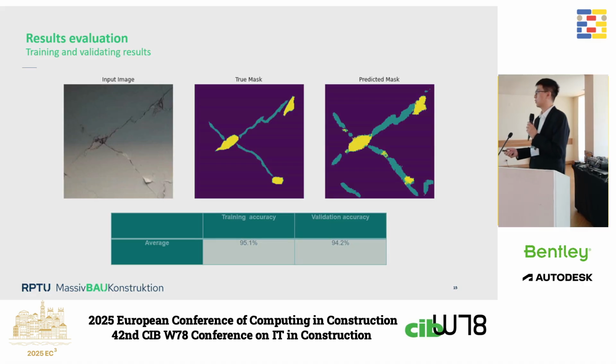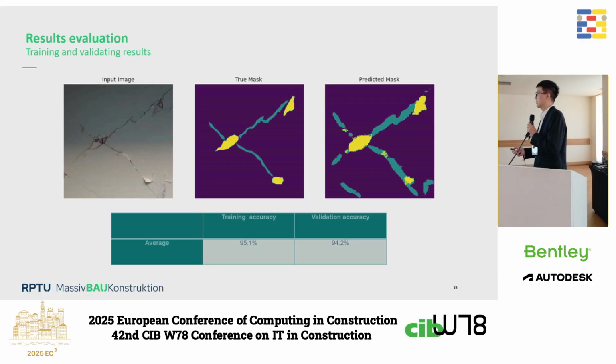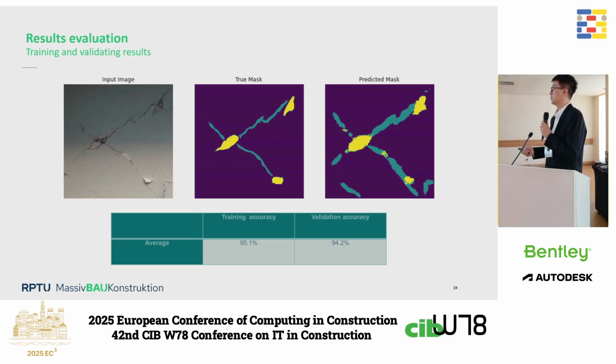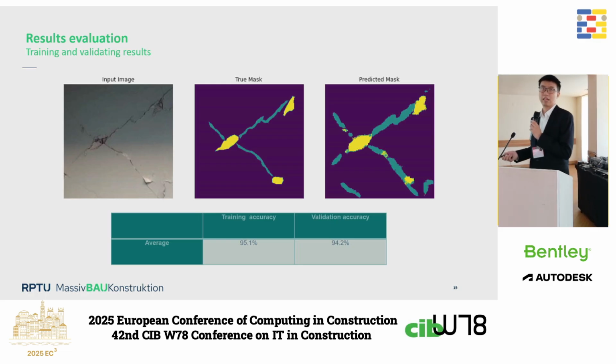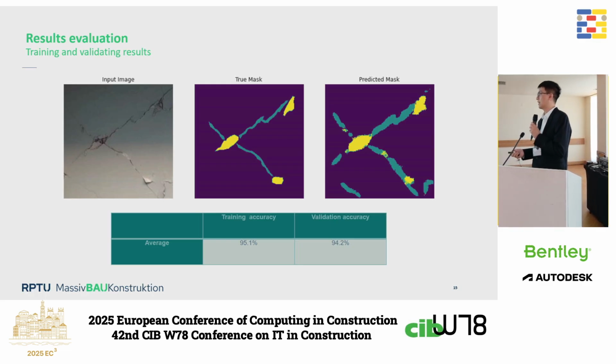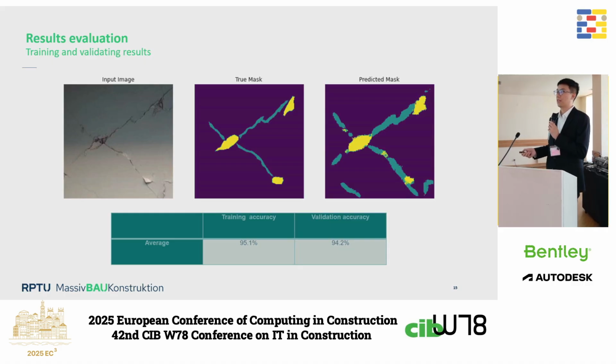It can also predict some damages which were not annotated in the true mask, but actually exist in the images. Here we show our accuracy: for the training data sets this is 95%, and for the validation accuracy, we have 94%.